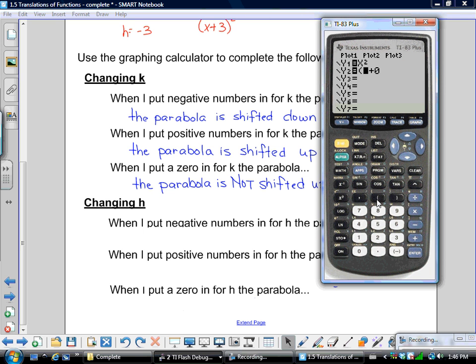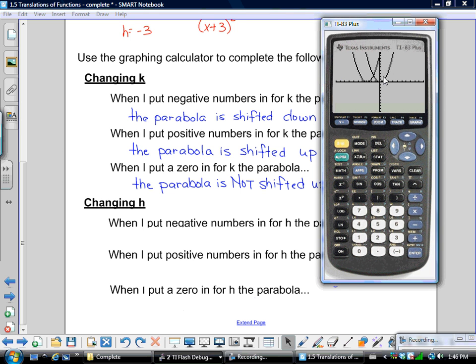So this time I'm going to put a bracket x plus 3, close my bracket, I'm going to square it. You can see the value that I replaced the h with was a negative 3. Notice what happens. Here was our x squared, and it has moved it to the left.